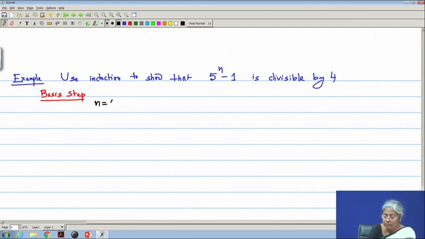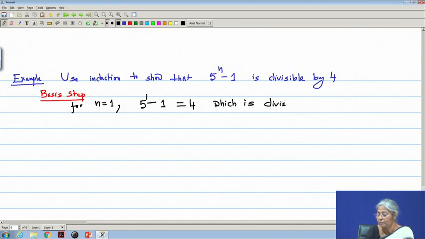For n equal to 1, it is 5 to the power 1 minus 1 equal to 4, which is divisible by 4. So, in the basis step, the proposition is true.